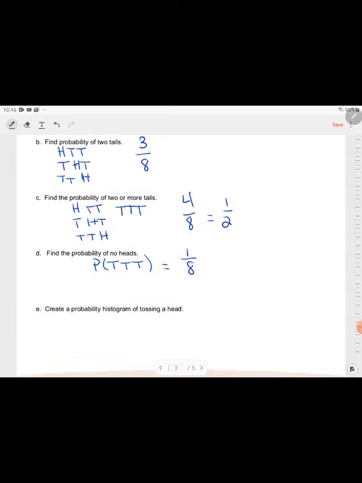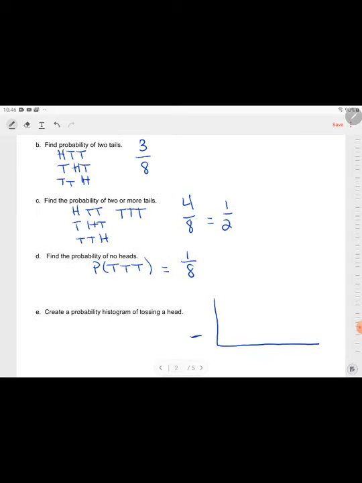Now, the homework will ask you to create a probability histogram. And what's different about this is on the side, which is your vertical axis, we're going to put what the probability is.